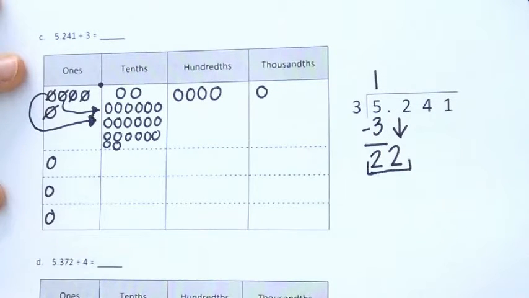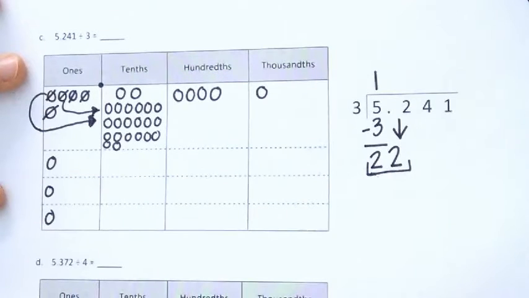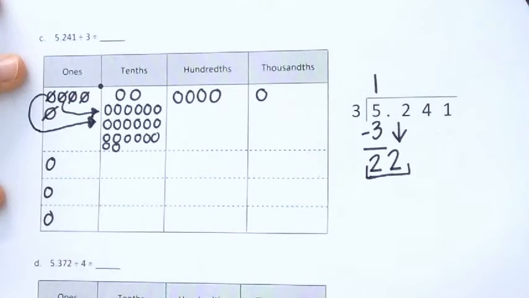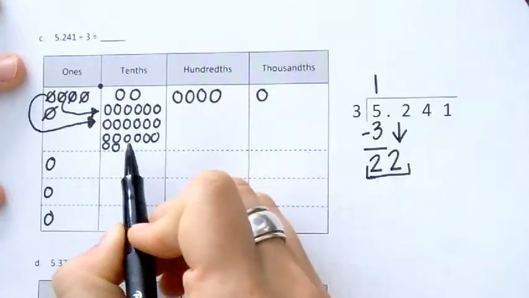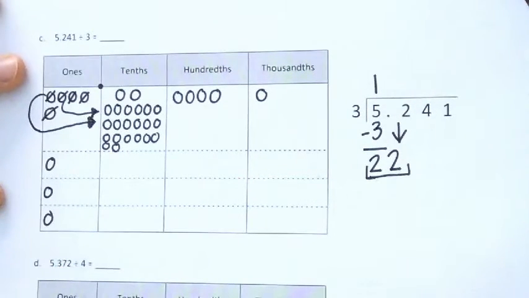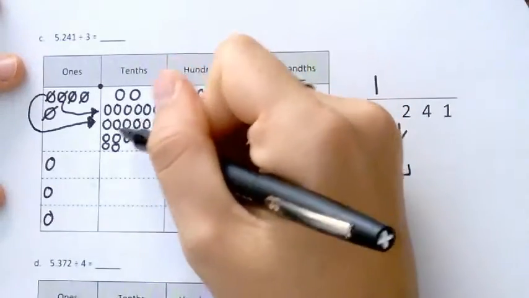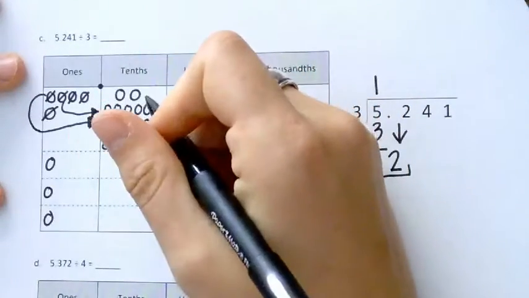What place value does 22 represent right now? Raise your hand when you know it. What is it, John? Tenths. We have 22 tenths right here. All right, so next we need to divide 22 tenths into 3 groups equally.